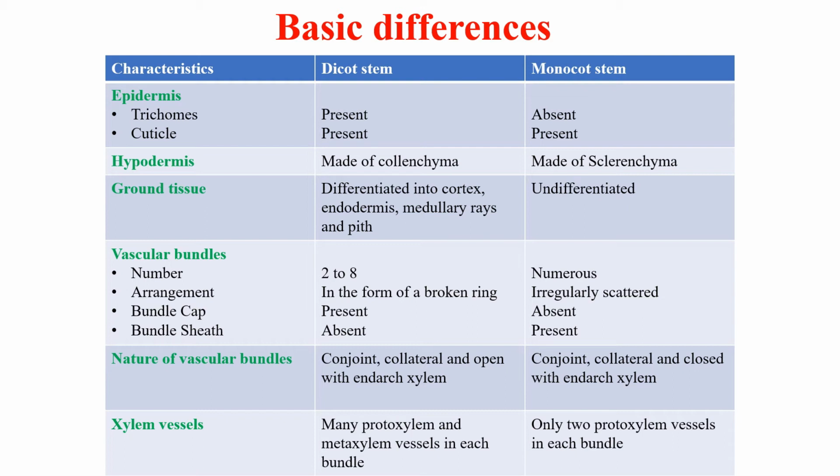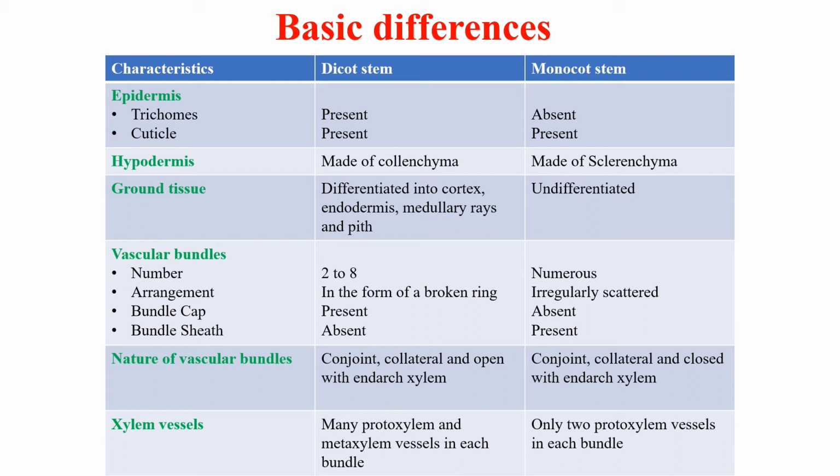A lot of the dicots have cuticle present on them, whereas monocots don't have any cuticle. Hypodermis, how hypodermis is made in monocots and dicots, that also differs between the two different groups. The ground tissues, they're differentiated or undifferentiated. This is something that also differs among monocots and dicots.